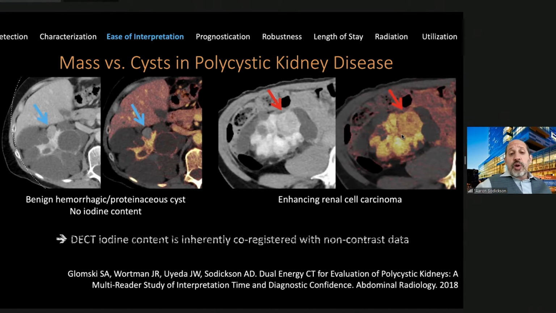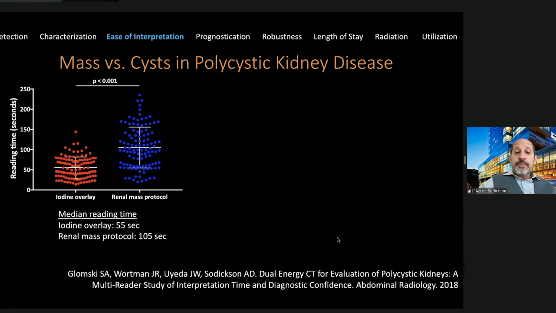And the beauty of this approach is that the dual energy or the iodine information is inherently perfectly co-registered with the non-contrast data. There's no measuring, trying to match Hounsfield unit measurement locations on different multi-phase scans.